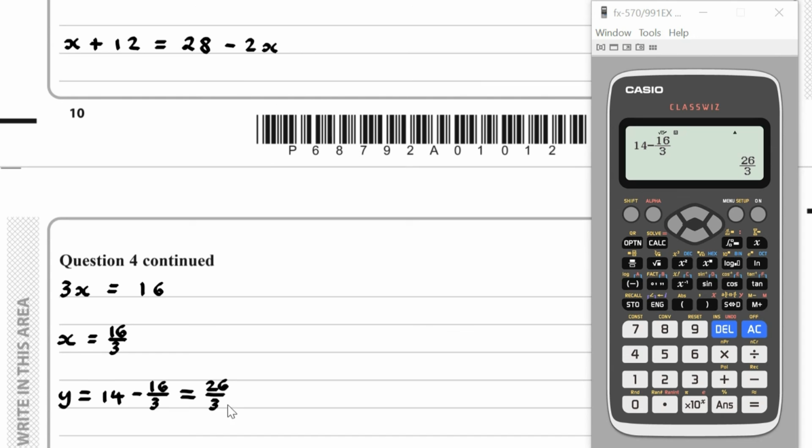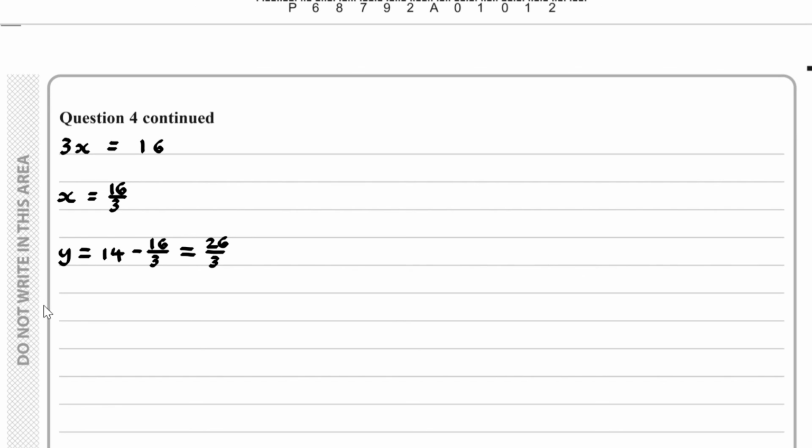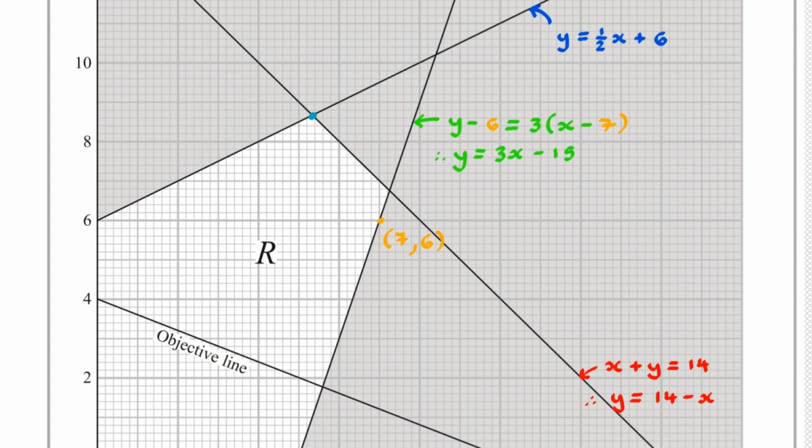So therefore, the optimal vertex has coordinates 16/3 and 26/3, which is that point over here.